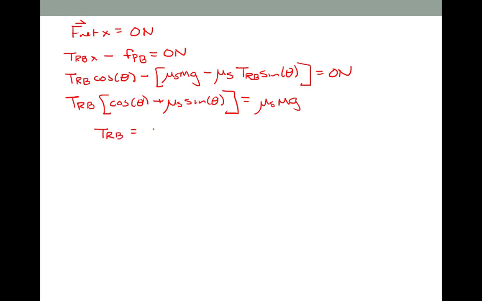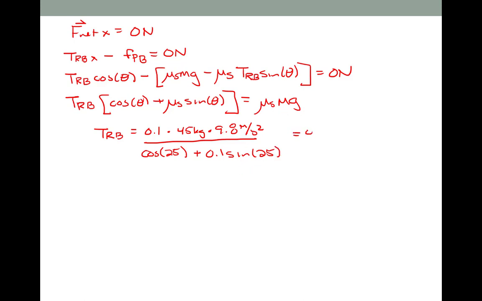Mu s for static friction was 0.1. The mass was a 45 kilogram block. Acceleration due to gravity is 9.8 meters per second squared. And we're going to divide by the cosine of 25 degrees plus 0.1 times the sine of 25 degrees. And that works out to be 446.49 newtons.